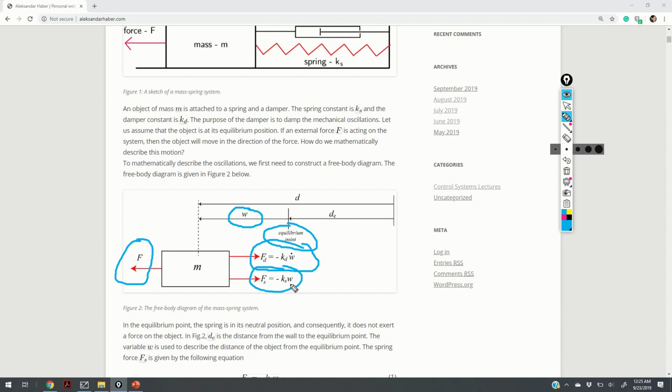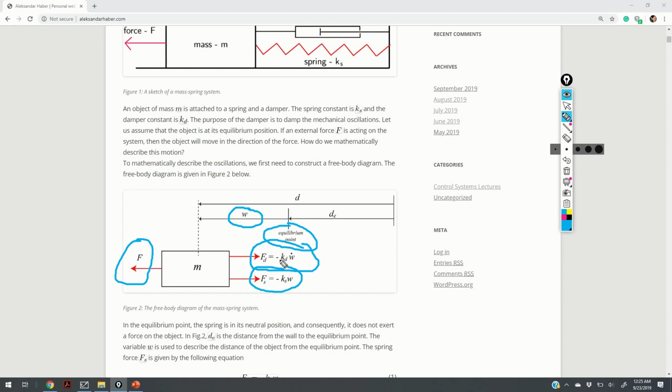So the physical explanation of this equation is that the spring force is proportional to the spring displacement, and the minus sign comes from the fact that if the spring is extended, then the spring will try to return to its neutral position. Now, the damping force is proportional to the velocity, and the proportionality constant is Kd.